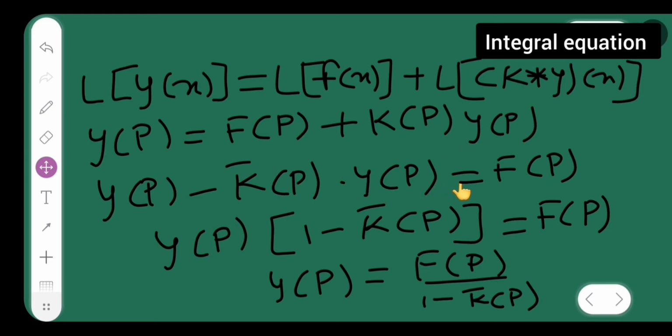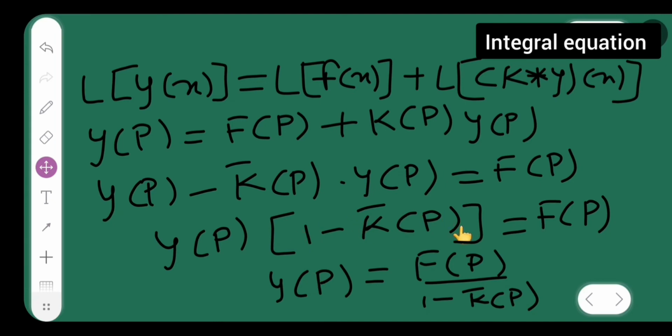So now this is equal to f bar of p. Now y bar of p is common, take it outside, then write in the bracket 1 minus k bar of p. If you multiply, you will get the same thing again. Now this is equal to f bar of p.